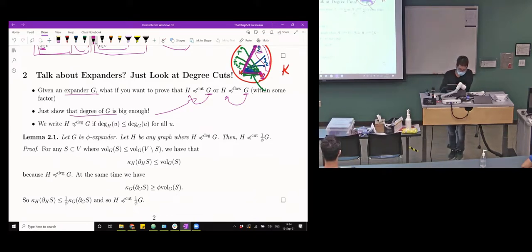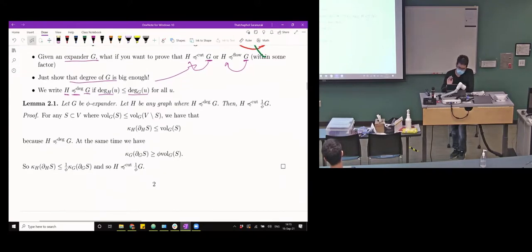So what do I mean by that? I will say that H is less than G degree-wise if the degree of G is at least the degree of H for every node. Now this is very simple but powerful.